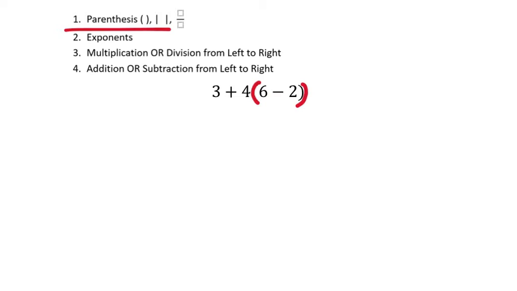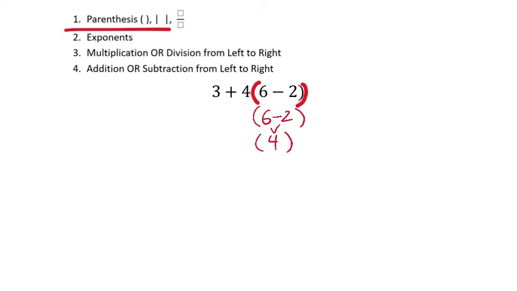And for me, I'm just going to focus first on this 6 minus 2 inside the parentheses. Well, I know 6 minus 2 is 4. So that's evaluated that set of parentheses right there. That's good. That's what we want. That evaluates it because I've narrowed that set of parentheses down into one individual value. There's no other values or operations inside that set of parentheses right there.